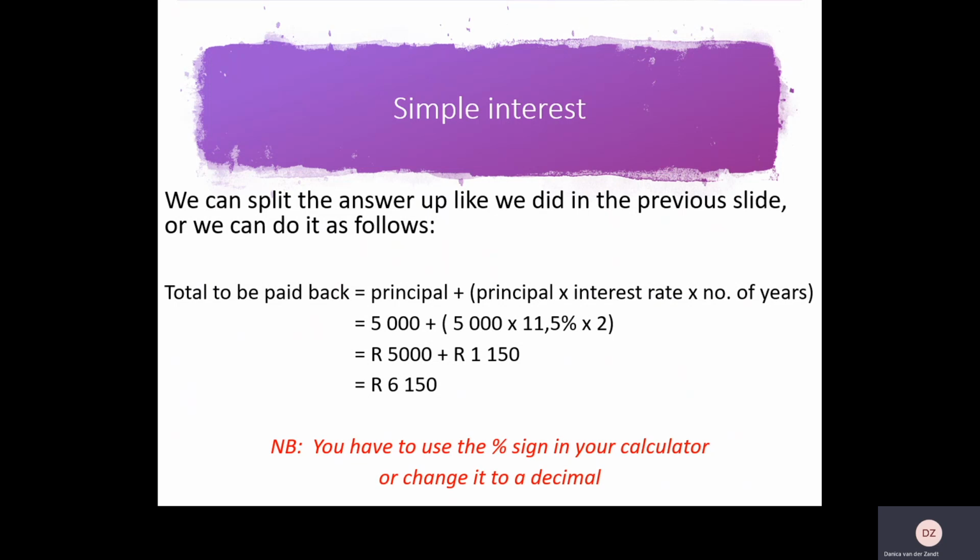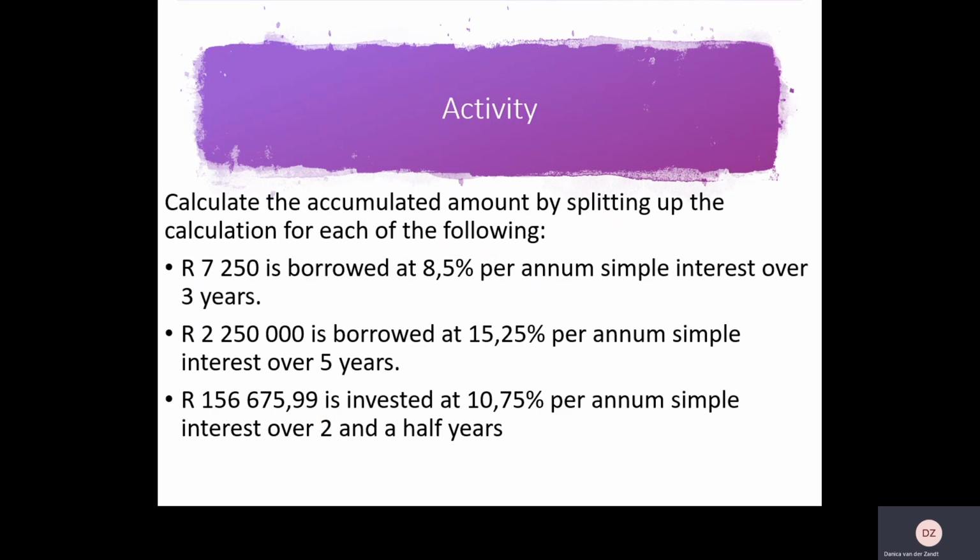Okay, let's look at our activity. So we'll do the first one together, then I'll leave the other two for you. So we need to calculate the accumulated amount by splitting up the calculation in this first activity. So if I have 7,250 Rand borrowed, I'm going to calculate my interest.